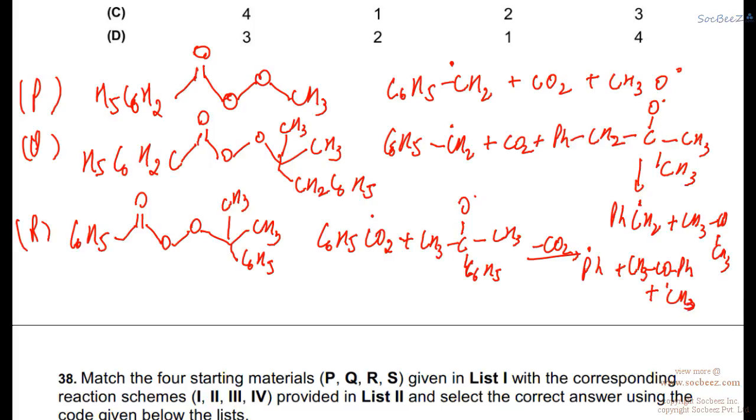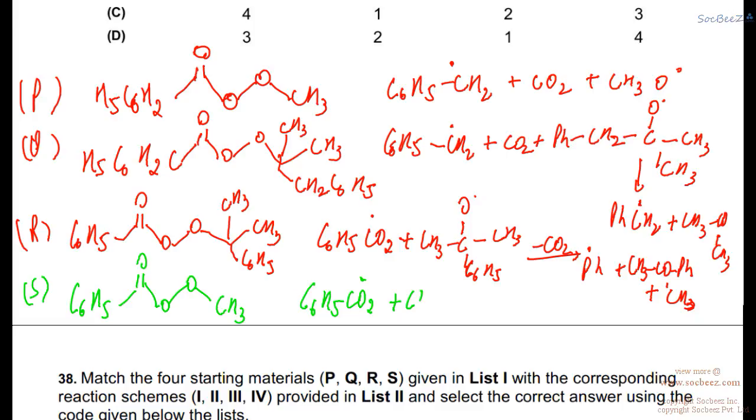Now the final case, in case of S, the sequence is C6H5 CH3 gives C6H5CO2 dot plus CH3O dot, and now this undergoes decomposition as C6H5 dot.